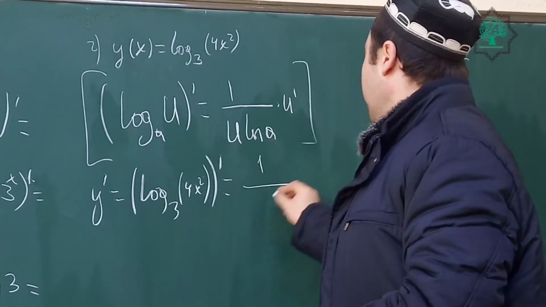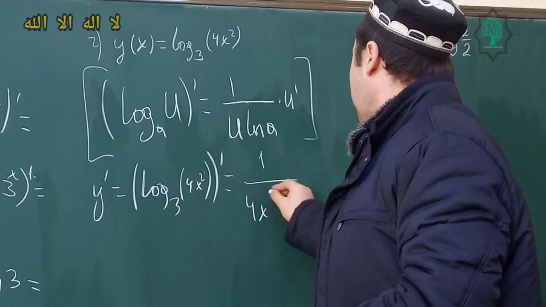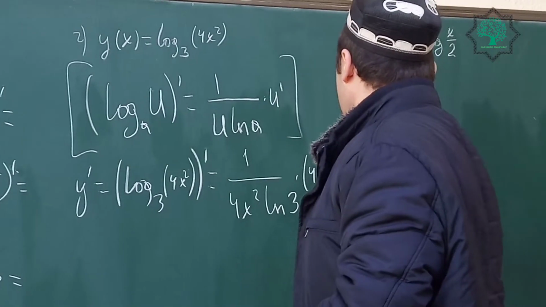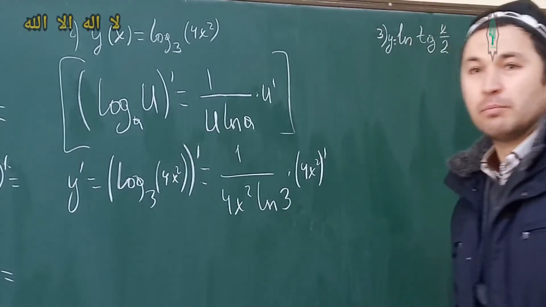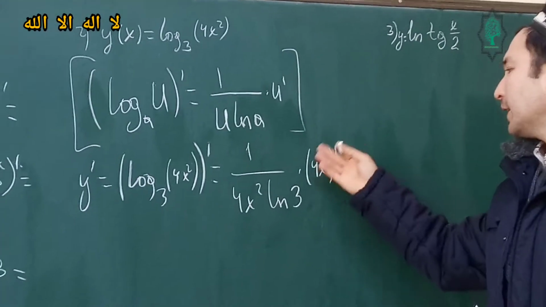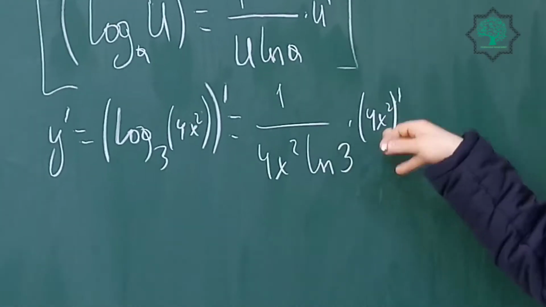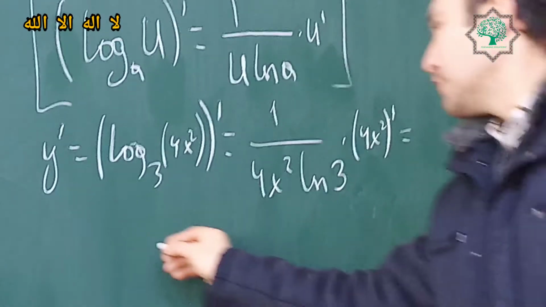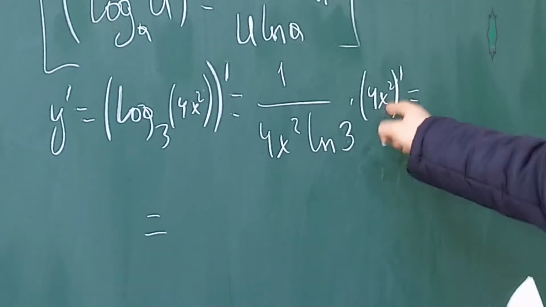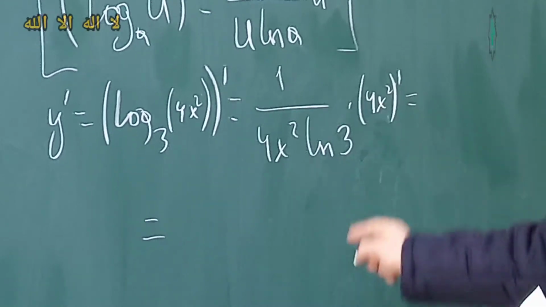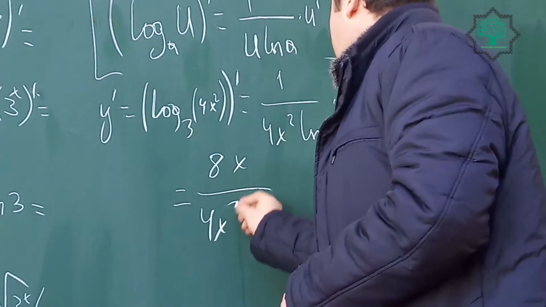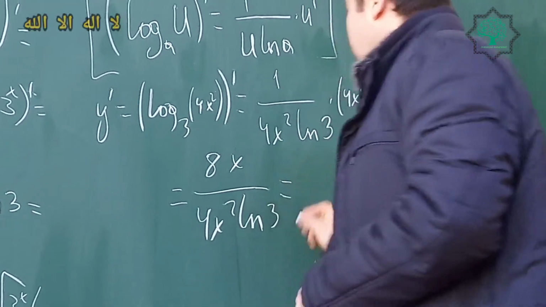So we have ln a. Yes. Once more we will take the derivative of the inside function, of the composite function. Yes, chain rule. Okay, here we have 8x over 4x squared ln a.